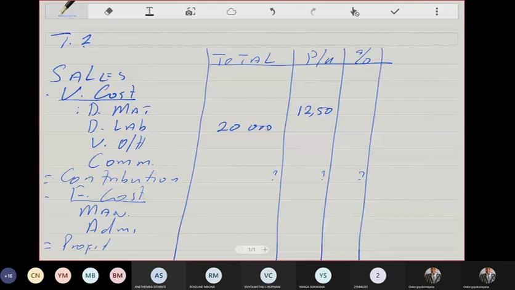Variable manufacturing overheads per unit. Go to your per unit column. There is your 150 there. Units produced, we don't need them here. Then you've got your total fixed manufacturing overheads.